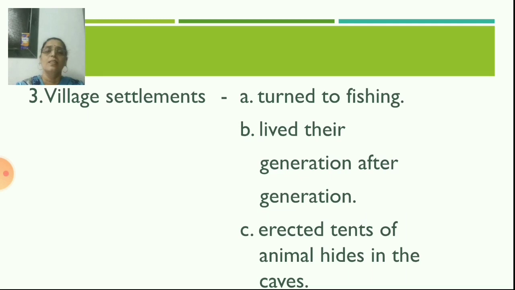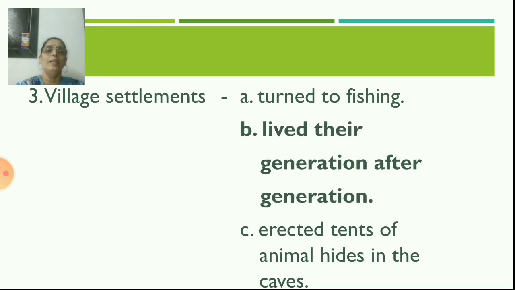Now the next, third, village settlements. And the options are A. Turned to fishing, B. Lived their generation after generation, C. Erected tents of animal hides in the caves. Okay. And your right answer is B. Lived their generation after generation. So, students, village settlements means the answer is B. Lived their generation after generation.